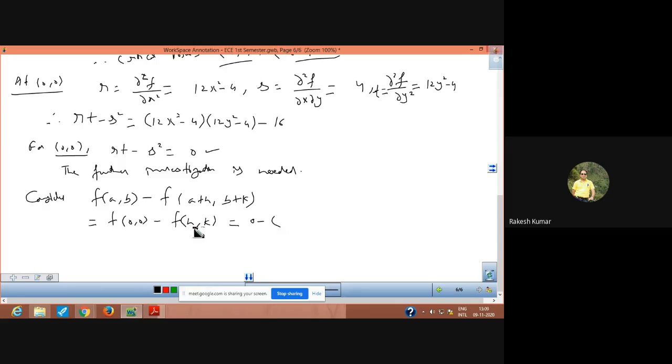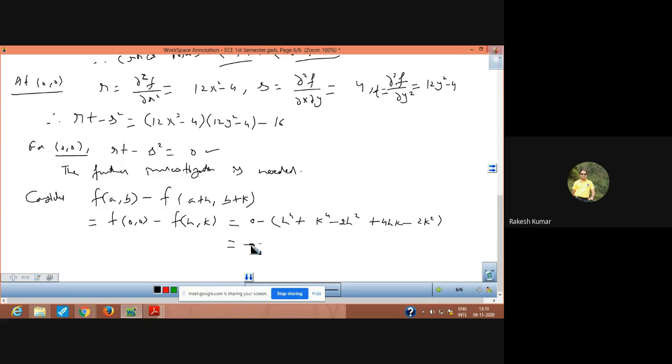And when you put (h,k) in the given function, you will have h^4 plus k^4 minus 2h^2 plus 4hk minus 2k^2. And it comes out with a negative sign.